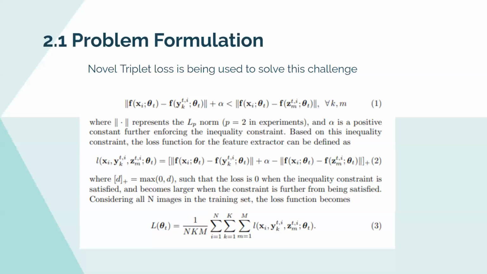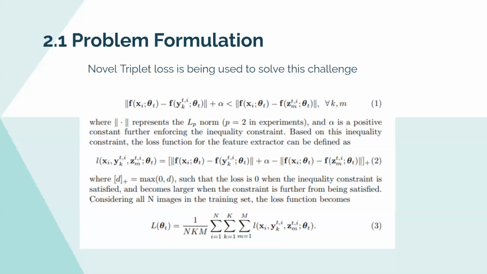To make an image and its neighbors belong to the same class, the feature extractor needs to be updated such that the distance between the image and any of its same-class neighbors is closer than the distance between the image and any of the other classes.